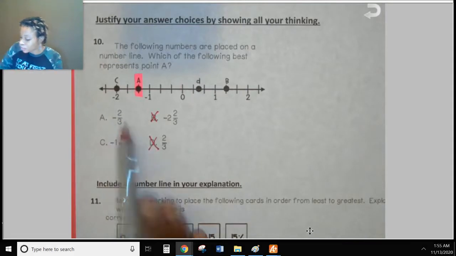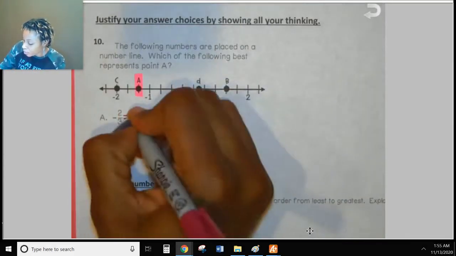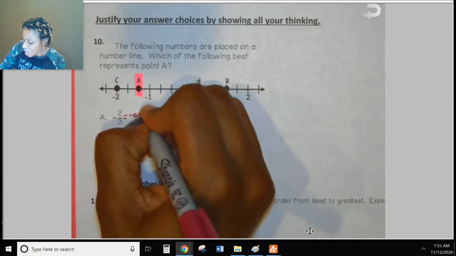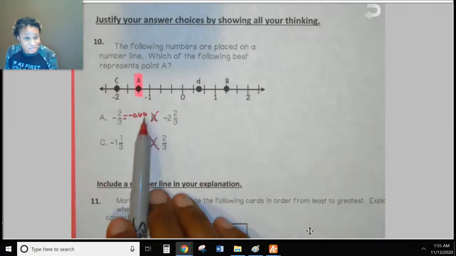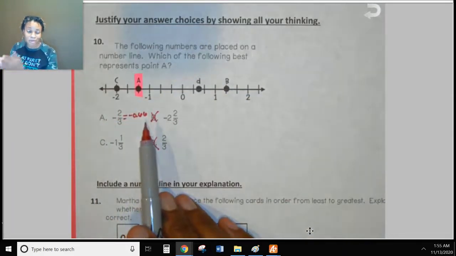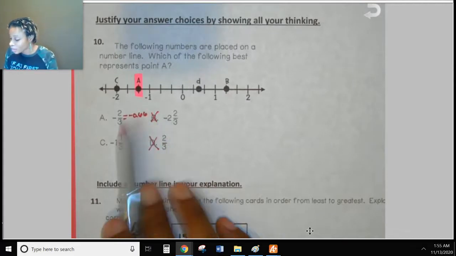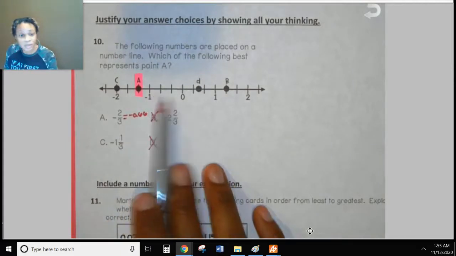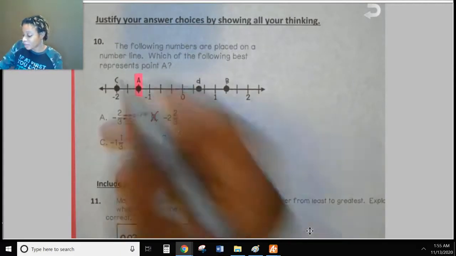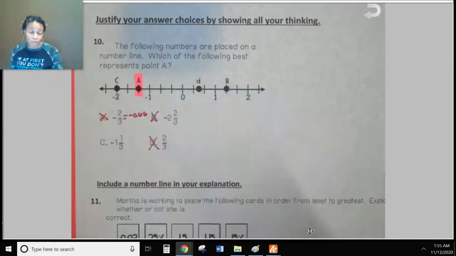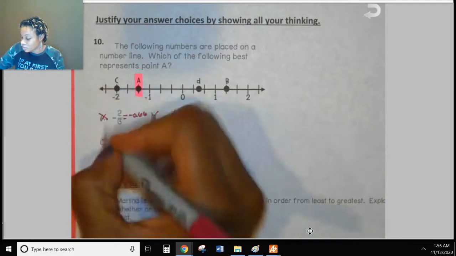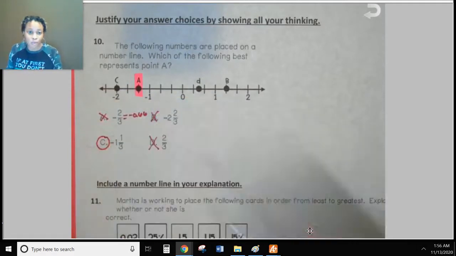Well, -2/3, hopefully you know, would be -66 hundredths. 66 hundredths is less than -1. So -2/3 would be somewhere in this area. So I can cancel out A. So just by process of elimination, I know that this has to be -1 1/3.